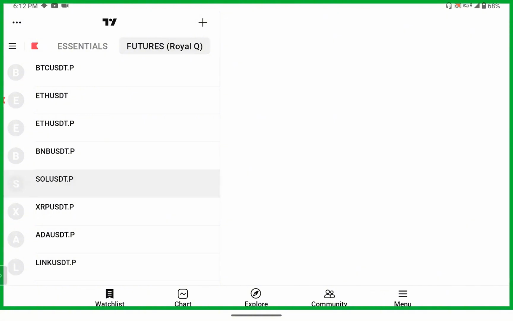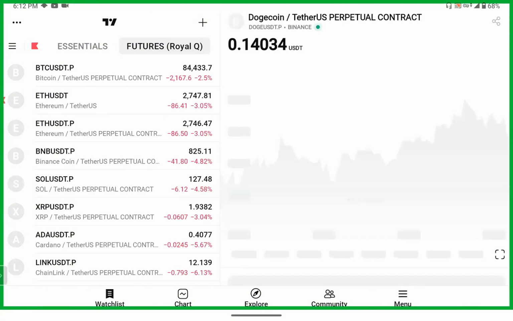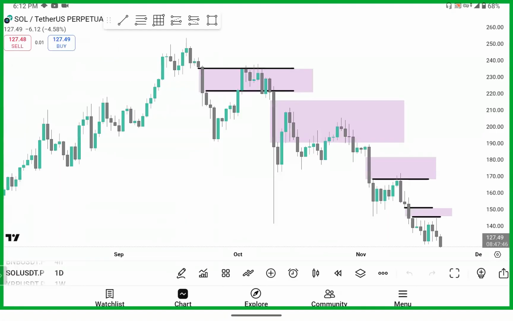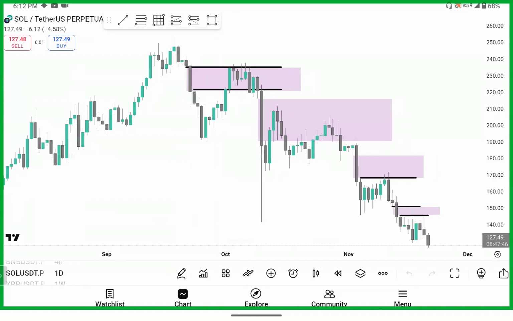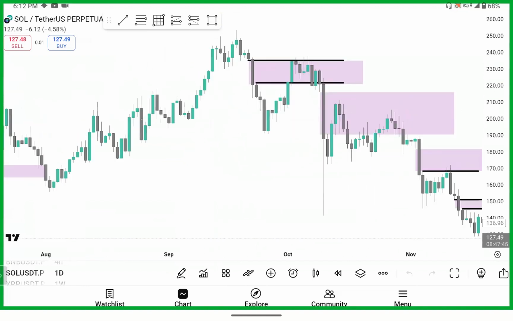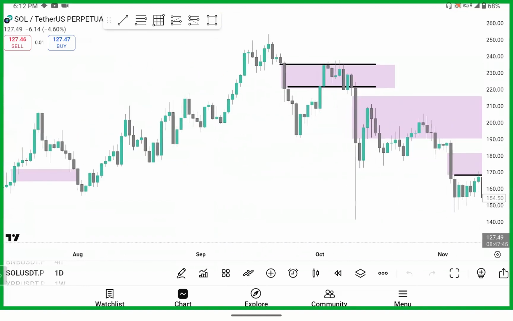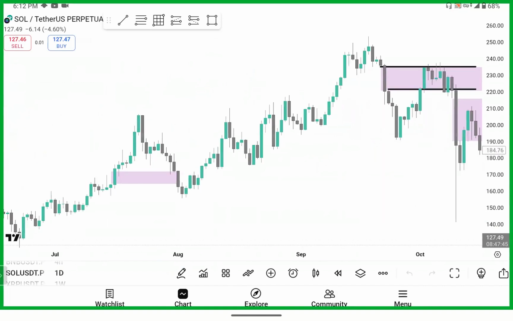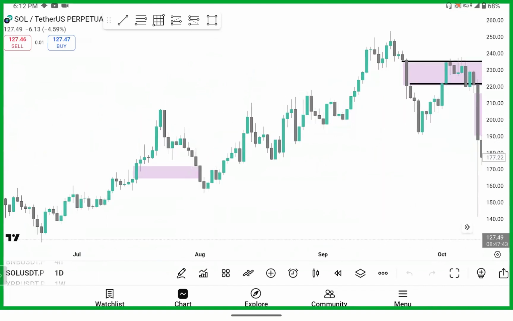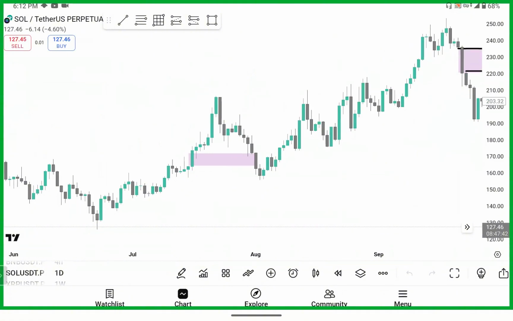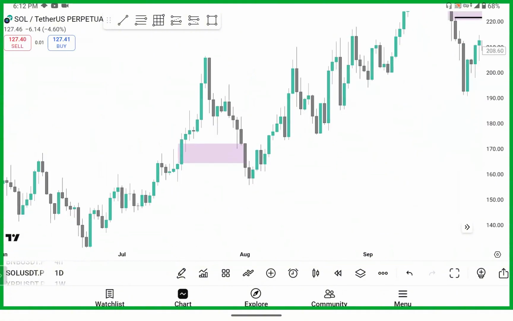So these are the key levels I use when I'm analyzing. We are still revealing more and more. You see? Price will always tap into these key levels. Even there is another one here.